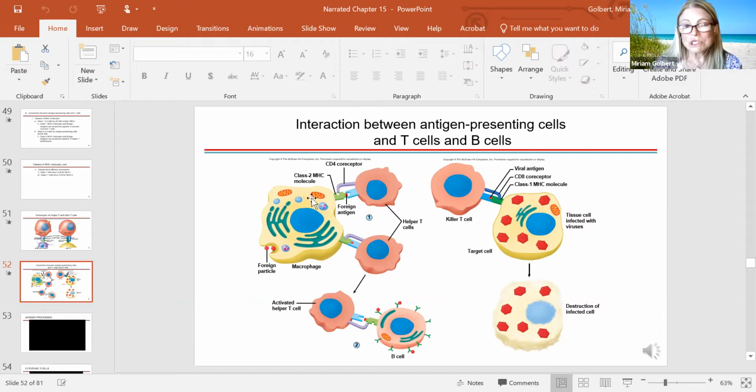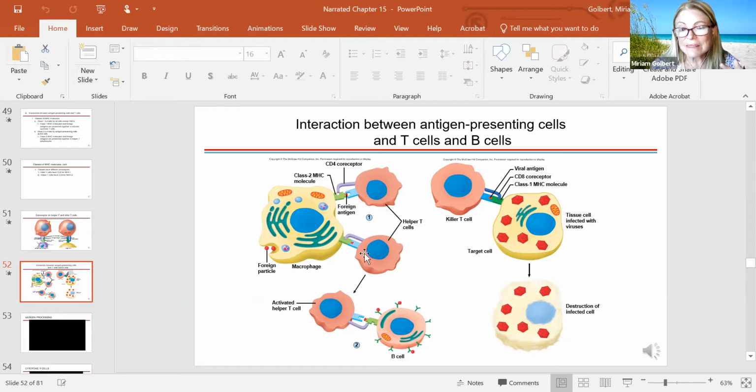Now, for the class 2 MHC, which are the antigen presenting cells, and I told you macrophages are just that, they get the antigen in. Here you see the little red dots. They process the antigen, they cut it into pieces, and they put it out into the MHC2. And this is a signal, hey, this is an antigen in the body that the helper T cell can recognize through the CD4 receptor.